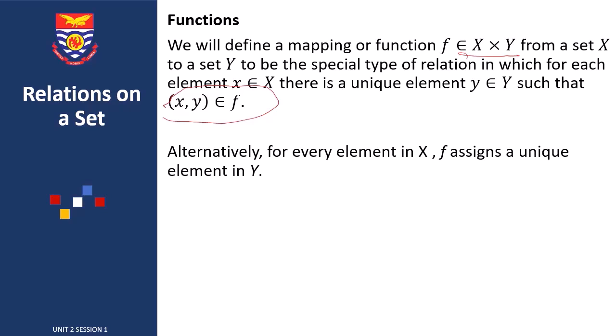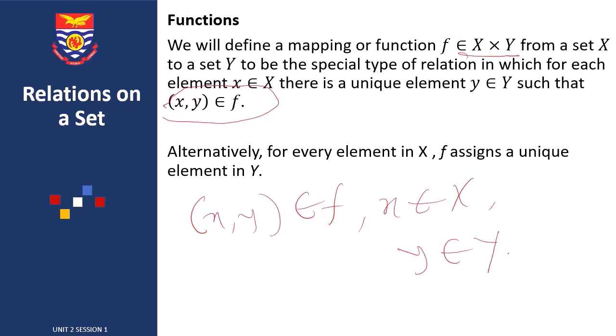Alternatively, for every element in X, f assigns a unique element in Y, and that is (x, y) is a member of f, where x is a member of the big X and y is a member of the big Y. So that's another way we can say that for every element small x in X, f assigns a unique element in Y, and that is functions from the cross product perspective, or the ordered pairs.